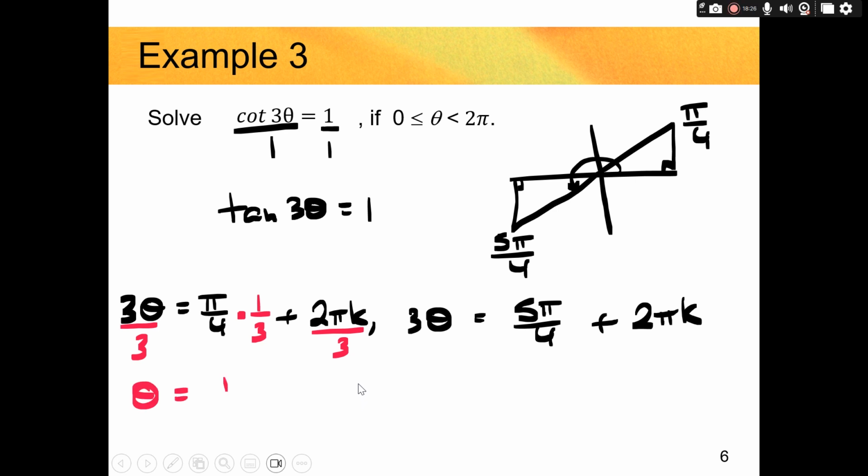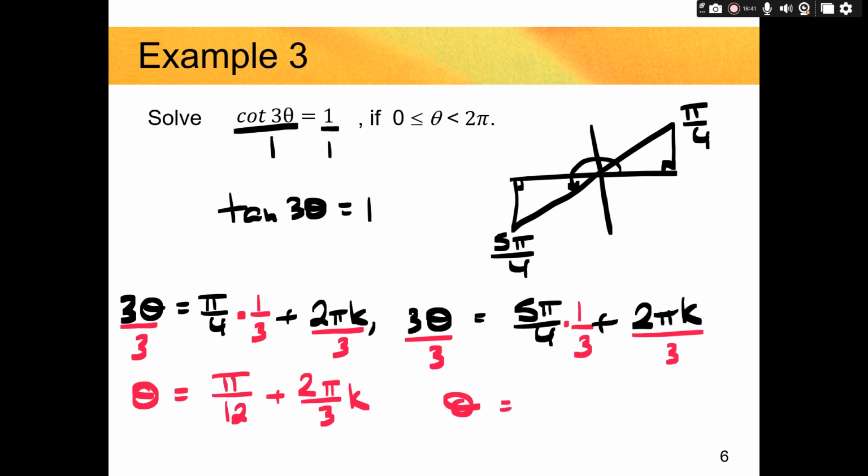So I got myself pi over 12 plus 2 pi thirds. Is that right? Again, same thing here: divide by 3, multiply by 1/3, and then divide by 3. So theta is equal to 5 pi over 12 plus 2 pi over 3 k.